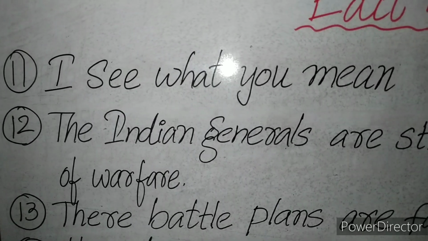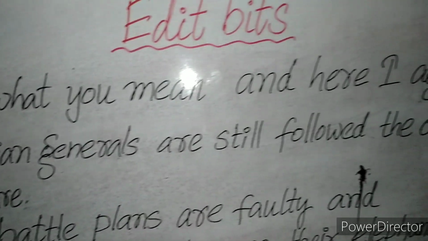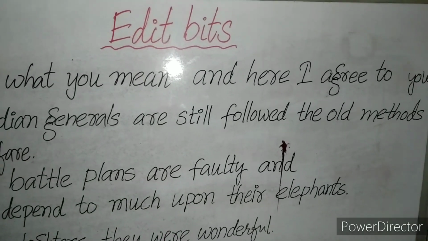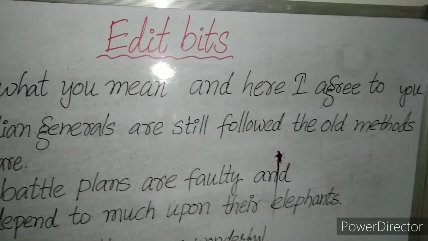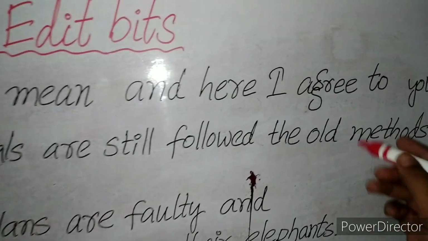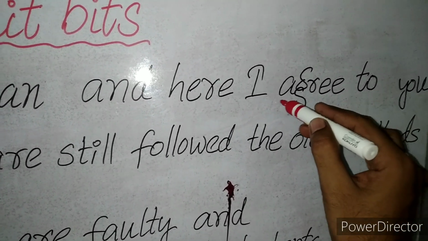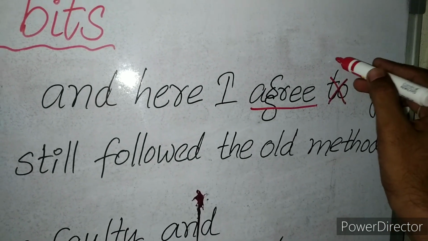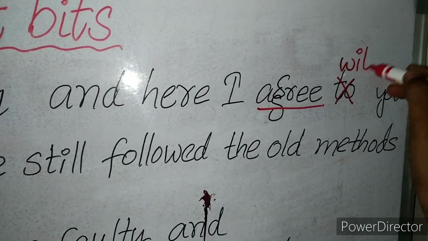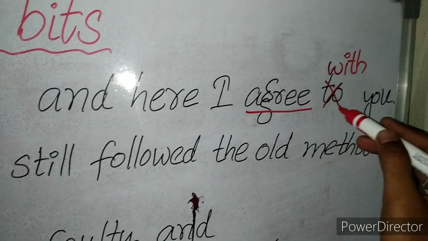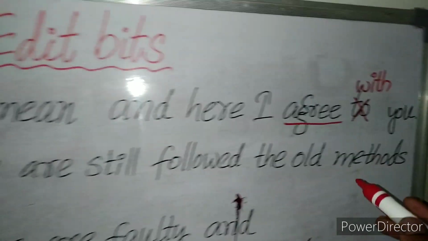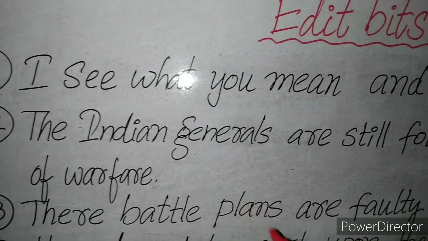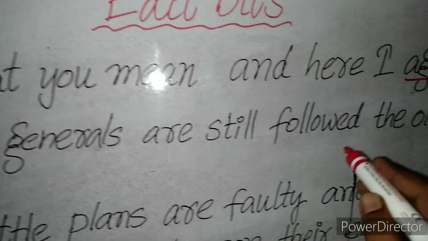The 11th one: I see what you mean and here I agree to you. What do you think is mistaken here? The mistake is in how we use agree. After agree we have to use with. When there is agree we have to use with compulsorily. Okay. Now in the 12th one, the Indian generals are still followed.